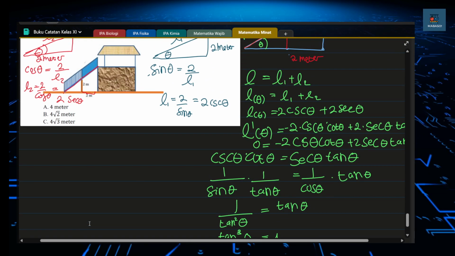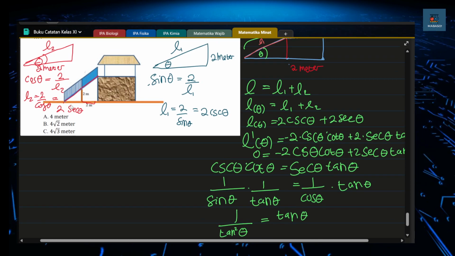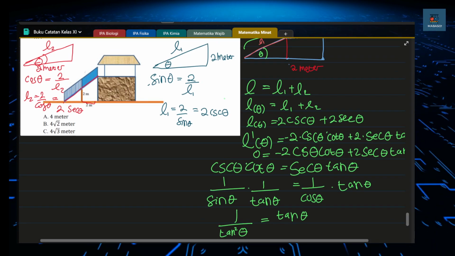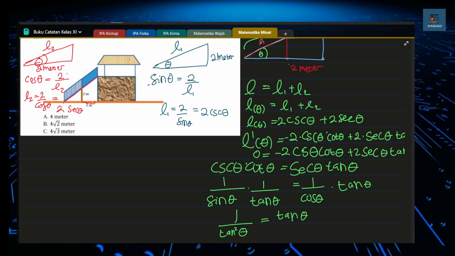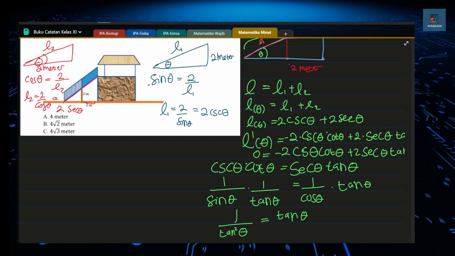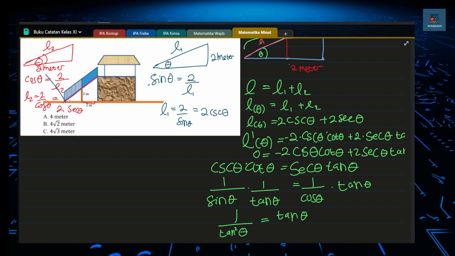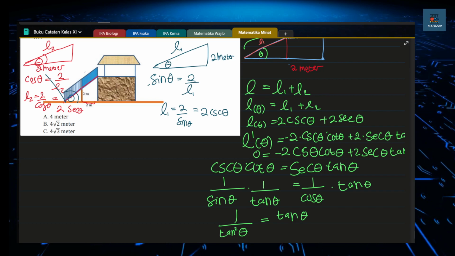Because we know that if the angle is more than 90 degrees, the ladder would be just like this, and this is the theta, right?